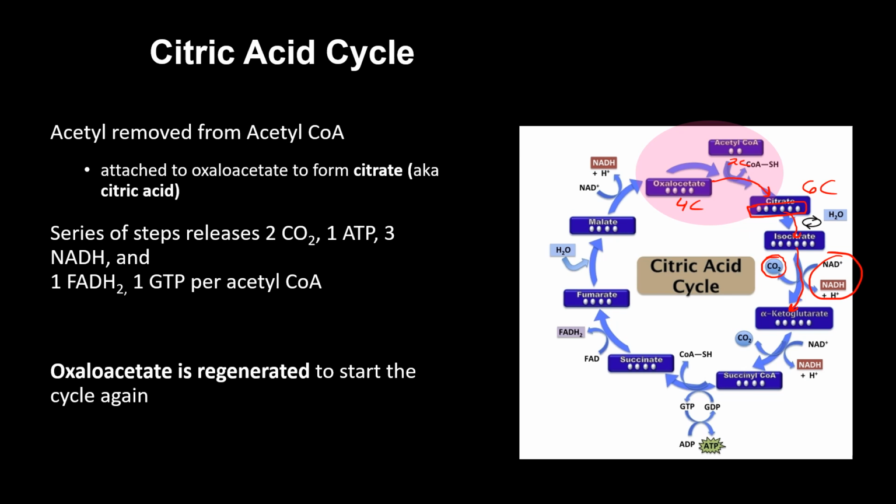This forms alpha ketoglutarate, which is a 5-carbon molecule with a little less energy. And we're going to do the same thing to alpha ketoglutarate that we did to isocitrate. We're going to take another carbon away, and in that downhill, we're going to capture some energy into an NADH molecule. We're then left with a 4-carbon high energy molecule attached, it so happens, to coenzyme A again.